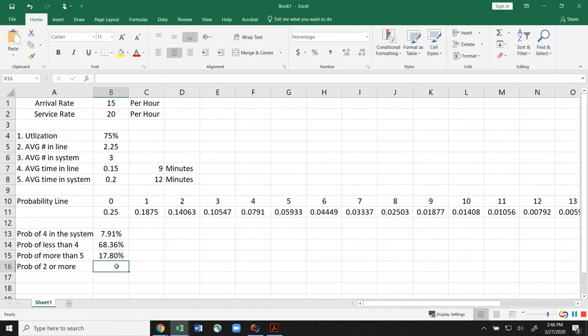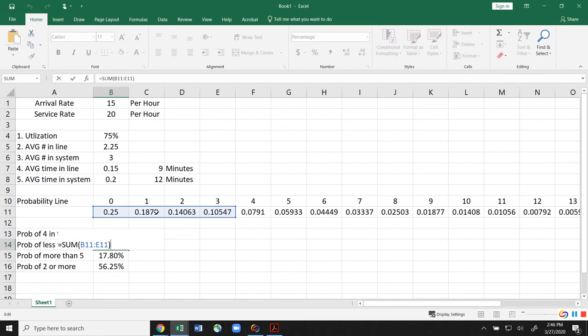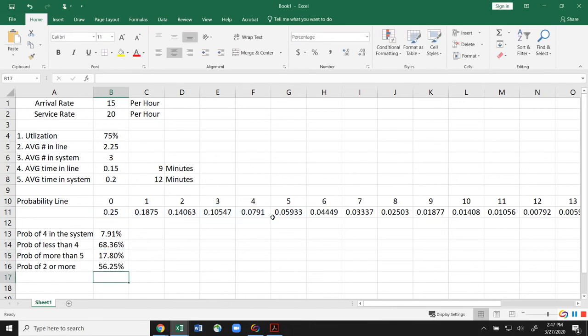So it's going to equal 1 minus the sum from 0 to 1. Okay, and that's 56.25, right? So once again, if it's less than 4 on this side, you just do the sum. If it's on this side going forever, you do 1 minus what you do know, and that will give you the answer.